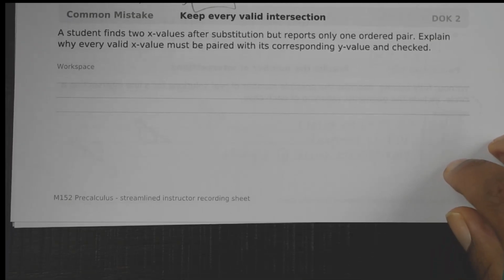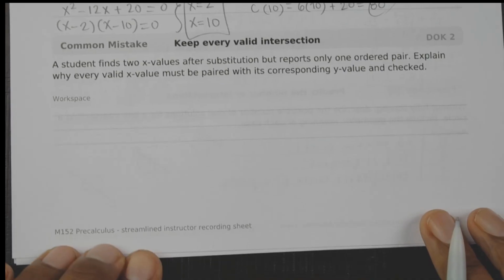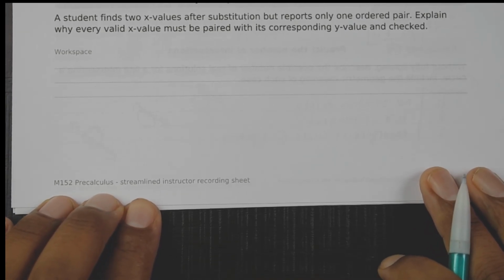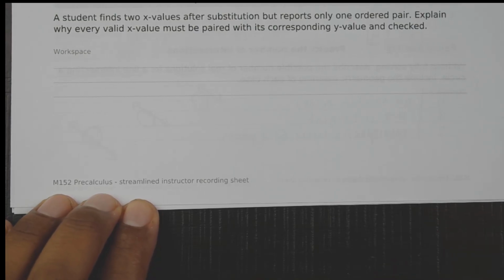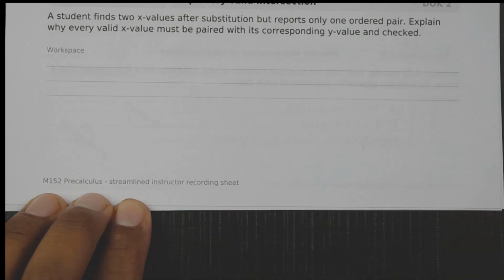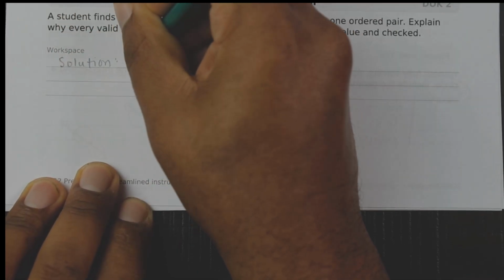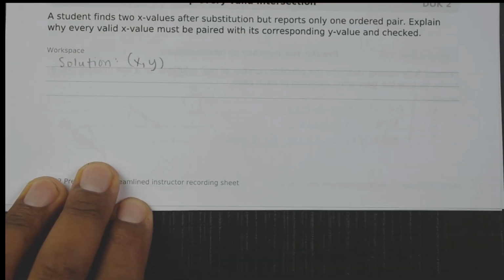Okay, let's continue. A student finds 2 x values after substitution, but reports only one ordered pair. Explain why every valid x value must be paired with its corresponding y value. Again, a solution is represented by x comma y.